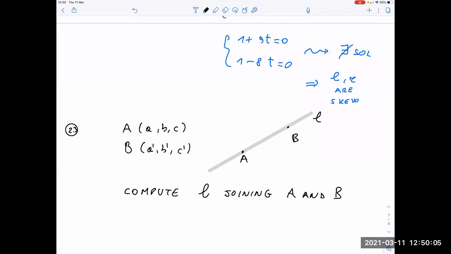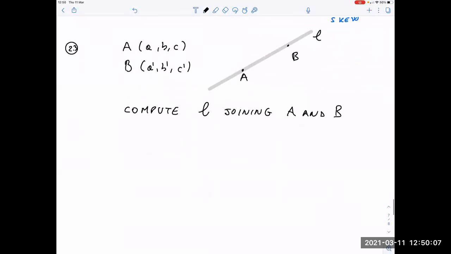Well, some of you will know a formula, but that formula has a denominator. So if you want to apply the formula, you must be sure to check when the denominator vanishes. My suggestion is that you proceed in the following way.